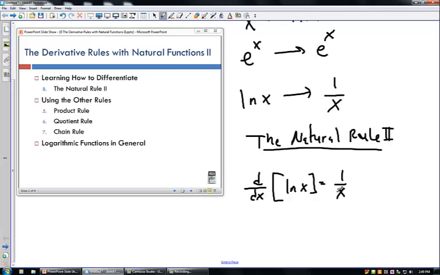is just equal to 1 over x. We'll talk a little later in the semester about why this is true, but for now we can write down the saying: the derivative of ln of x is 1 over x. Or you can say the derivative of ln is 1 over.